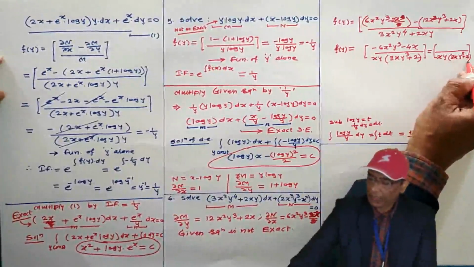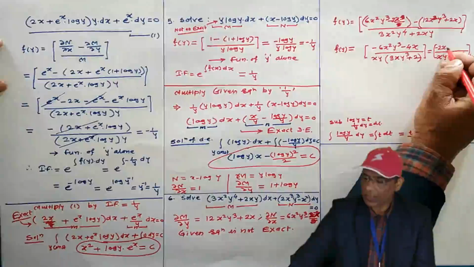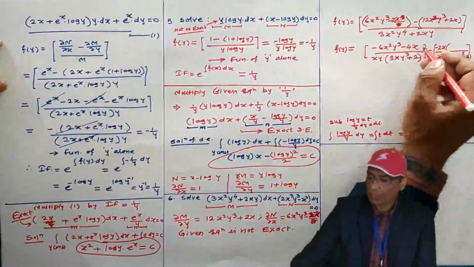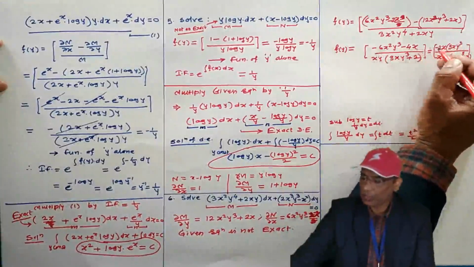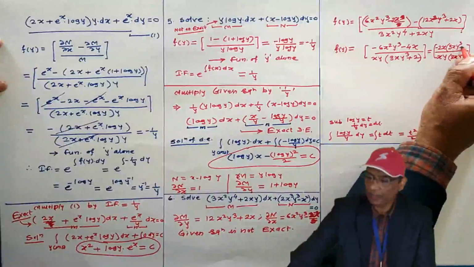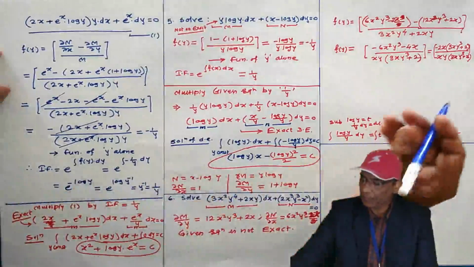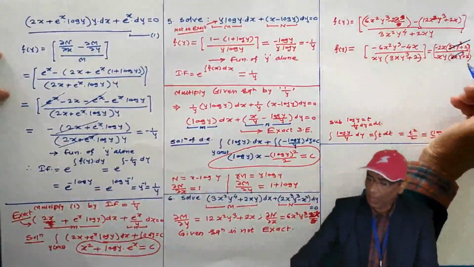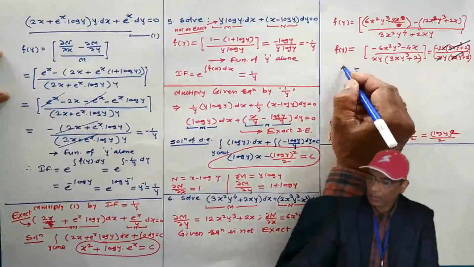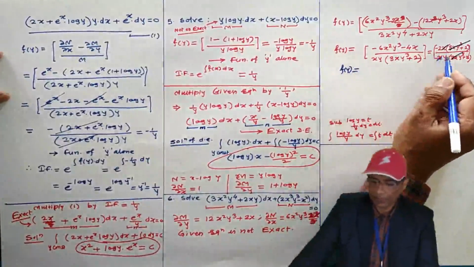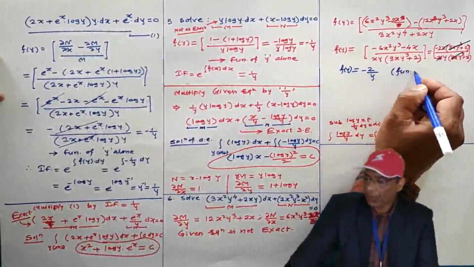In the numerator, minus 2x is also common. If you take minus 2x common, we get 3xy cube plus 2. Now you can see these two brackets are the same, so they are going to cancel, and x is also being cancelled. So what is remaining here? Minus 2 by y is remaining, and it is a function of y alone.